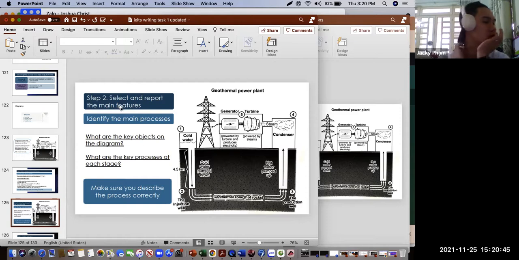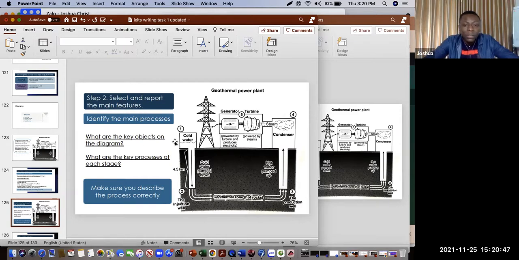Select and report the main features. So, what are the key objects of the diagram? And what are the key processes at each stage? Okay, so we know we have the cold water pump, we have the injection well here, we have the production well here, we have the turbine and generator.